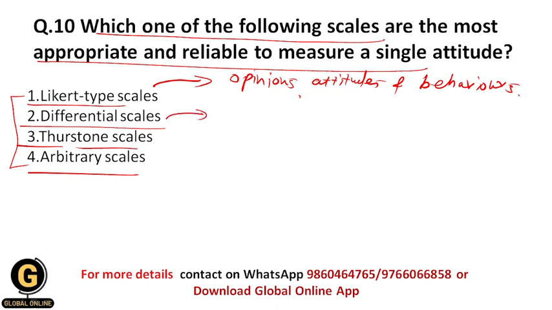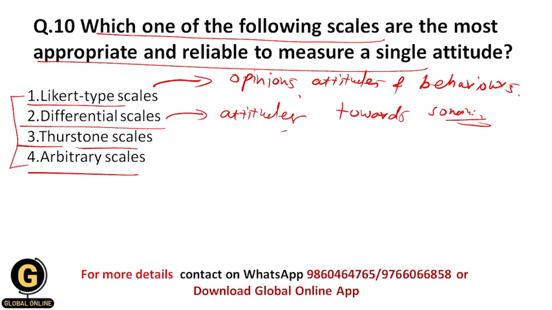Okay, now what is the differential scale? So differential scale measures attitudes towards something. So for example, if you want to understand the attitude of people toward work, then for that you use differential scales.